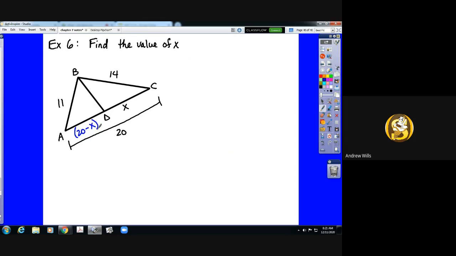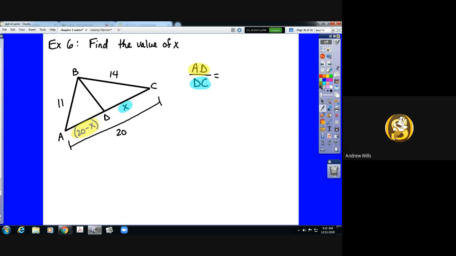Okay, so the next step would be to set up the proportion. Again, the pieces, AD and DC, make up one of my fractions. And that's two different pieces. You've got basically the left piece and the right piece.